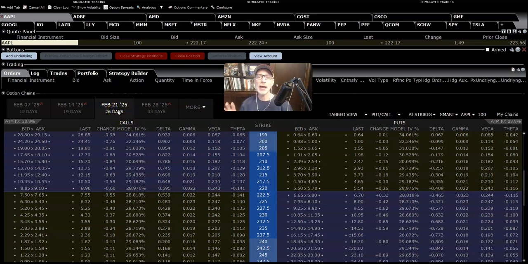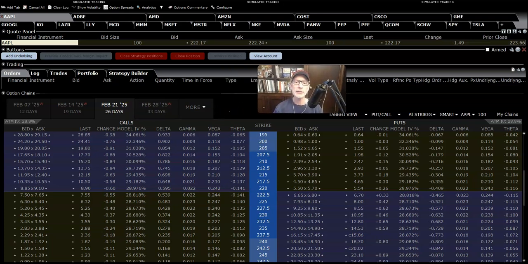Now, for you as an option buyer, the most important thing to figure out is the break-even price. Where does Apple need to move up to in order for me to at least break even on my trade? Very easy to figure out, easy math. You take 222.5 and you add $7.60 to that. So 222.5 plus $7.60 is $230.10.